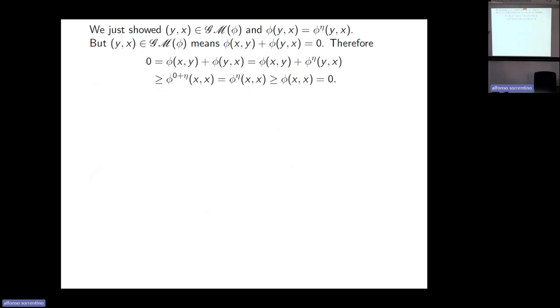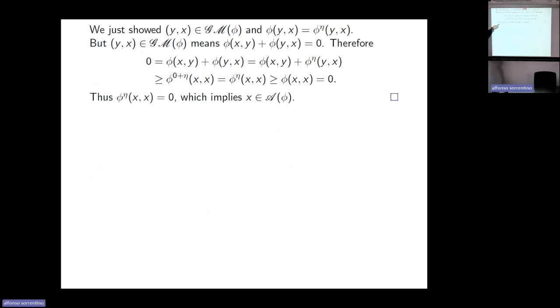And now we use the triangle inequality in the stronger sense obeyed by the family phi eta to get that this is larger than phi 0 plus eta of x x, which is phi eta of x x. This one is itself larger than phi(x x), which is equal to 0. So we have equality everywhere.